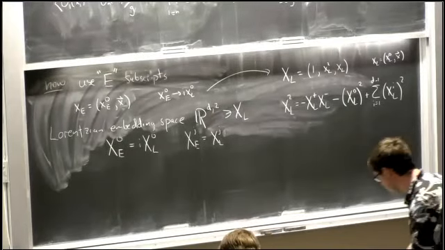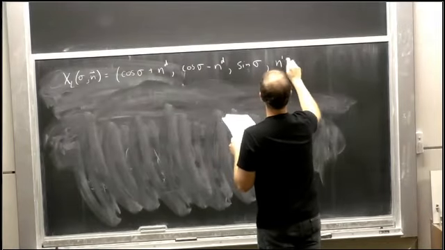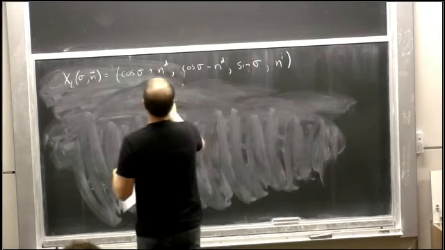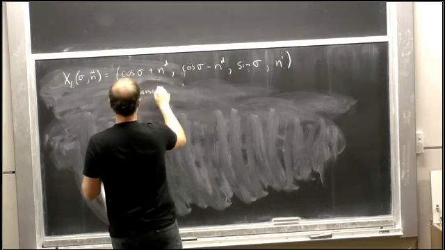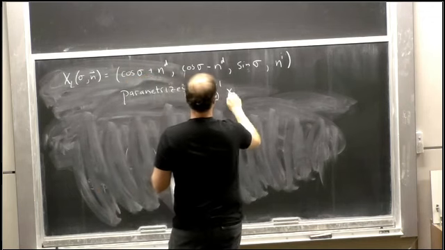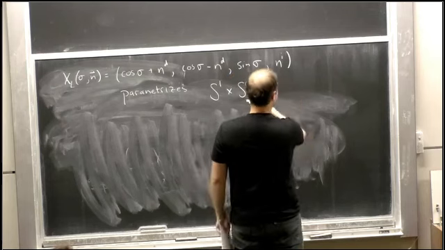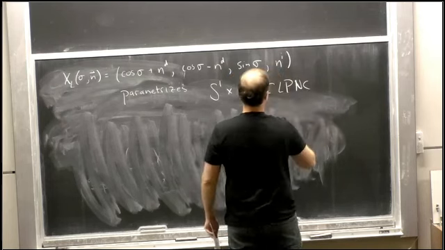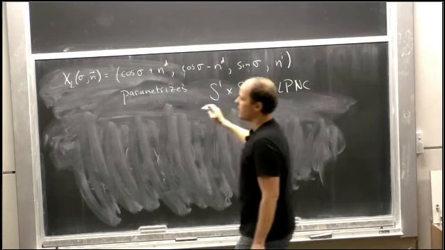Okay, so that's where that comes from. And then finally n^i. So this thing parameterizes an S^1 cross S^{d-1} inside the Lorentzian projective null cone, which is not quite the right answer.